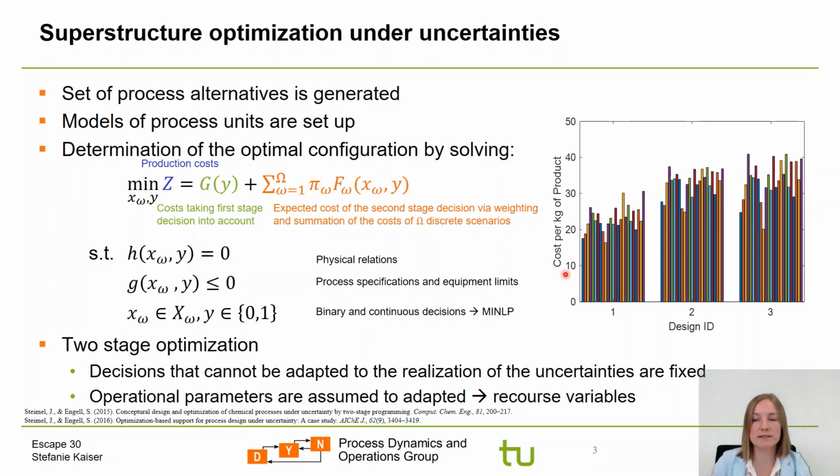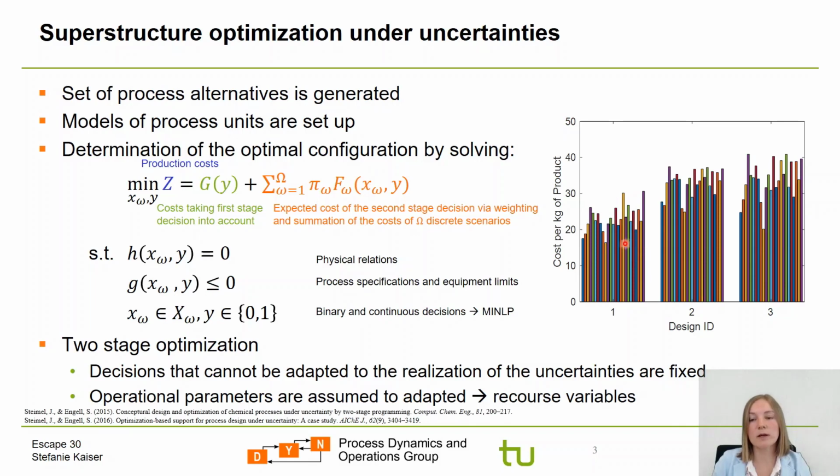While solving the optimization problem, one gets the cost distribution for the different designs. So here you can see the results of an optimization for the three best designs, and each bar represents the costs that were computed for one scenario. So we get, for example, for 25 different scenarios, 25 bars for each design.